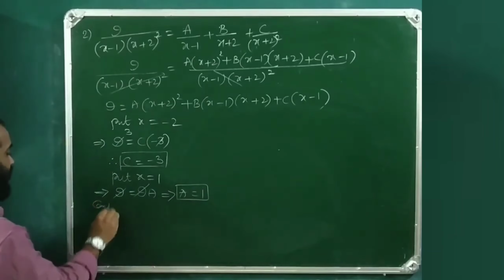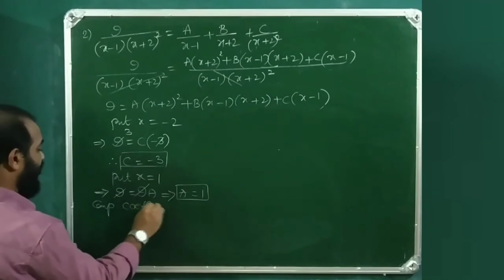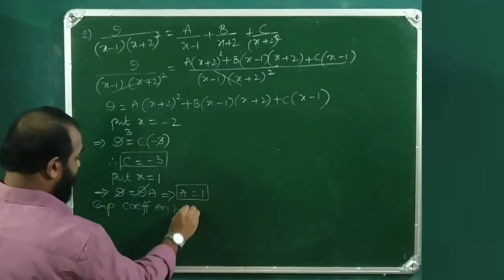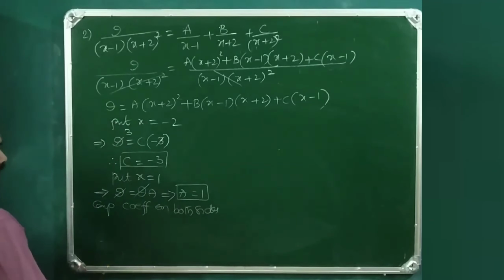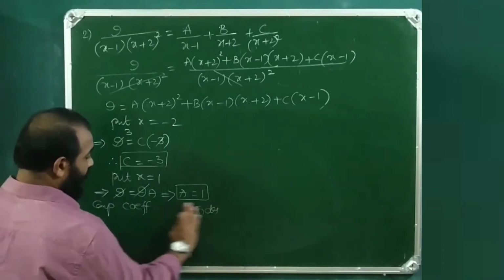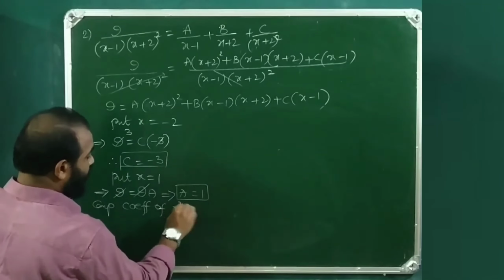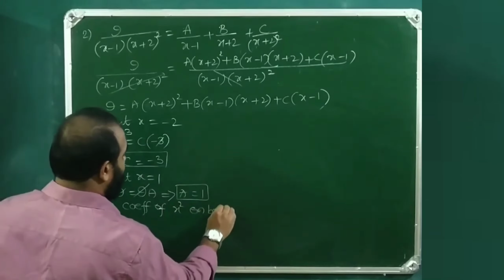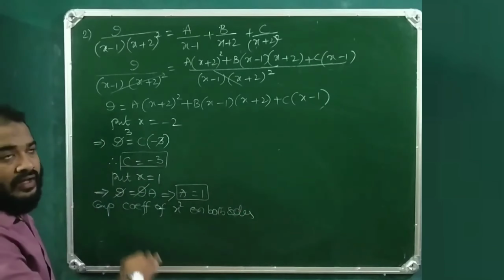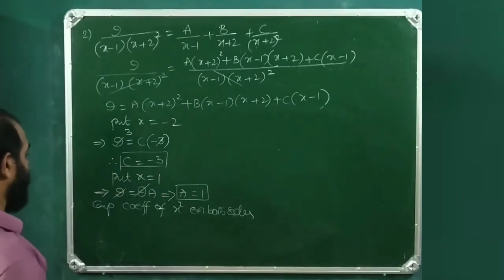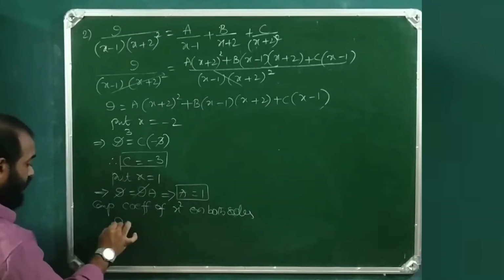Now comparing the coefficients on both sides. So let us compare the coefficient of x square on both sides. You may even go for the comparison of the coefficient of x as well.